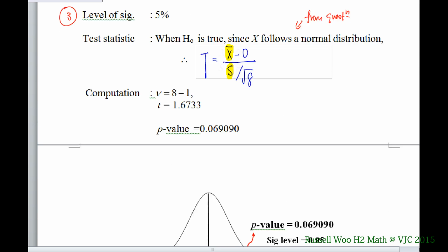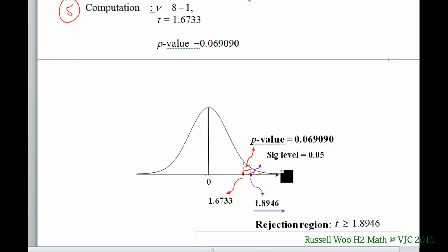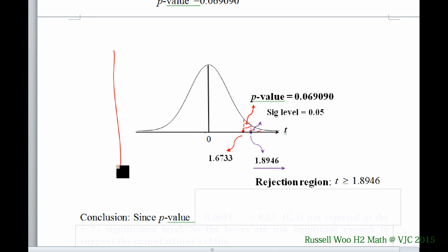The computation of the test statistic, and then you get the p-value. This one again is not quite necessary, you all know the drill, but it's good for understanding.